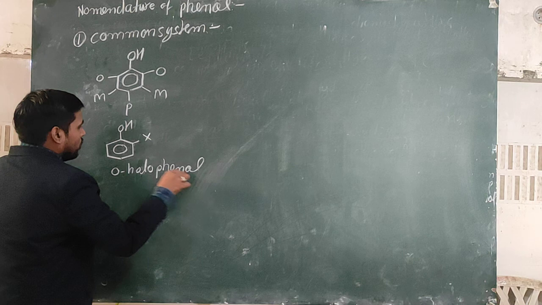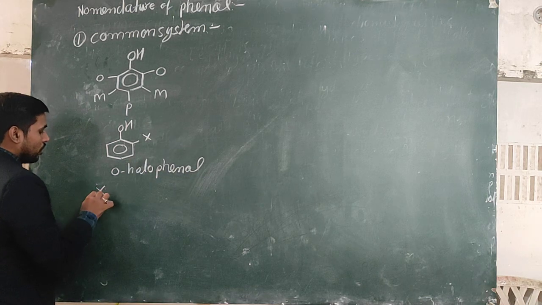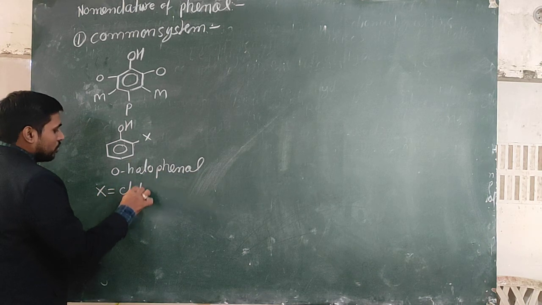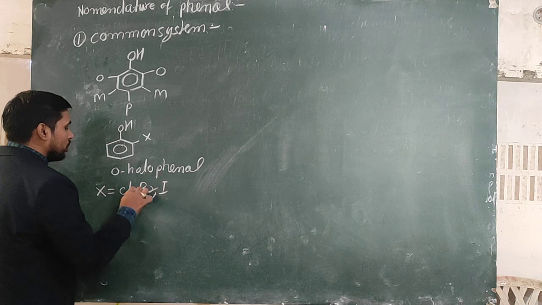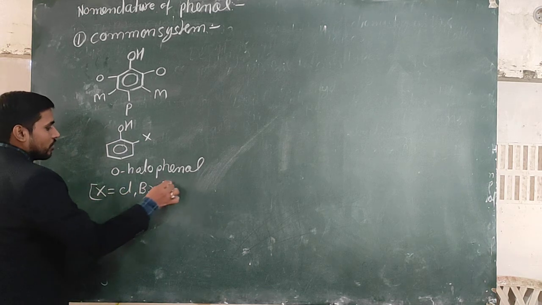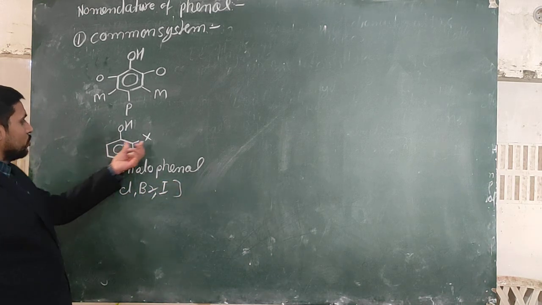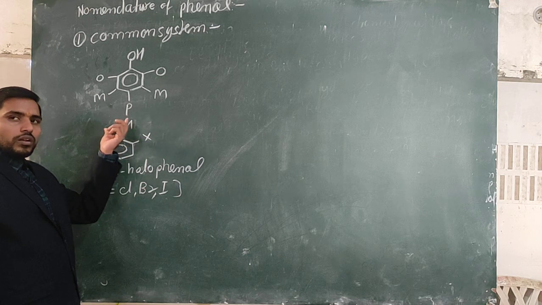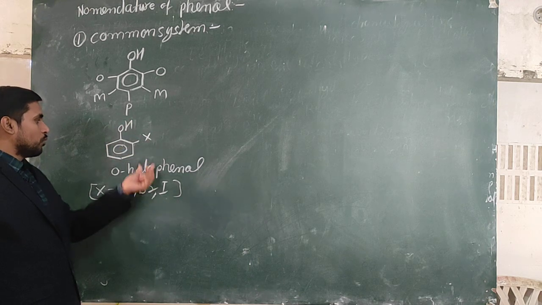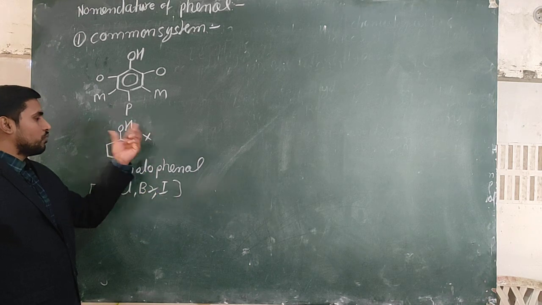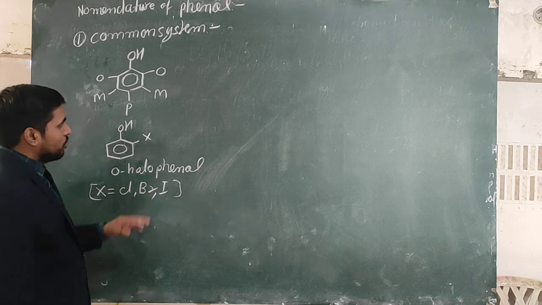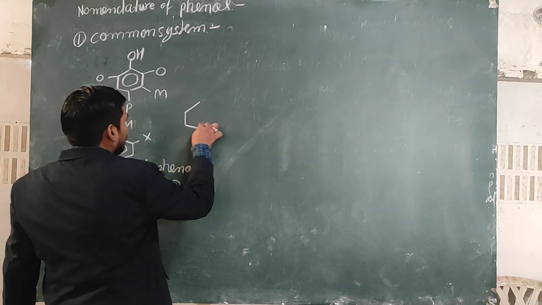If we use chlorine, bromine or iodine in place of X, then its name becomes orthochlorophenol, orthobromophenol, orthoiodophenol.